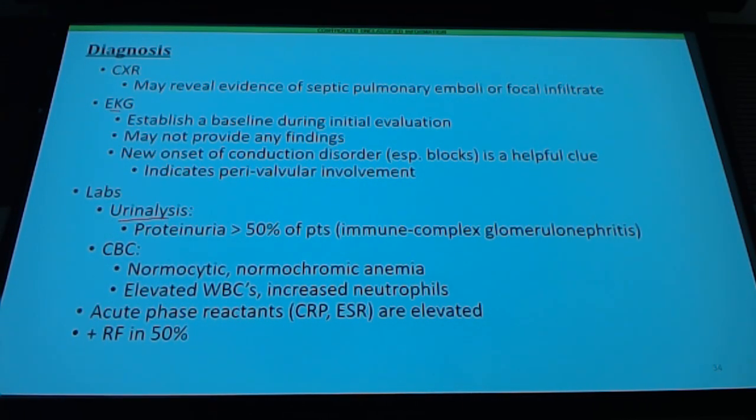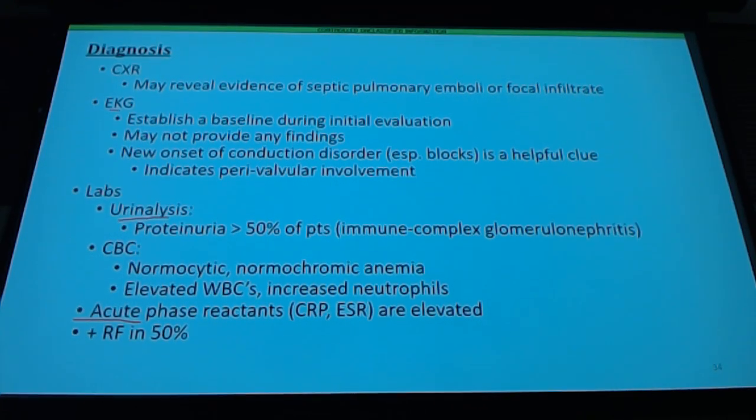Let's do urinalysis, because a lot of times this emboli can break off and go to the kidneys and disrupt the function of the kidney. This is an inflammatory condition, so you're going to have elevations in your acute phase reactants, so your ESR and CRP are going to be elevated. So those are the pretty typical workup for folks with infective endocarditis.